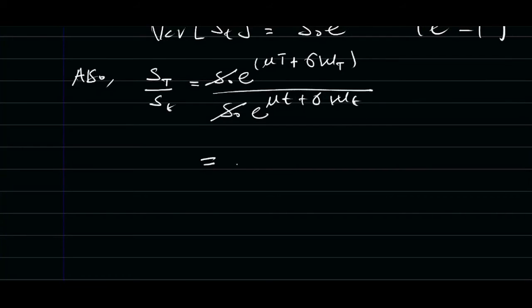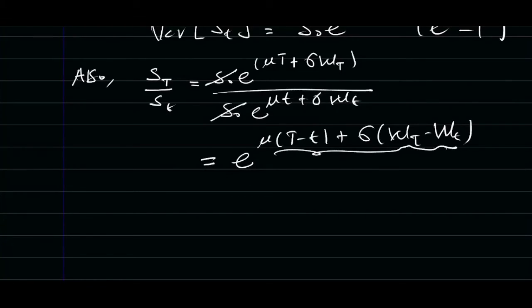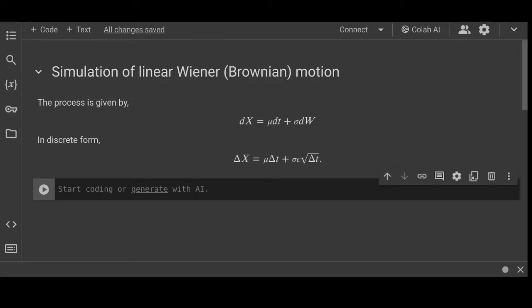This is just equal to e to the power of mu times capital T minus small t plus sigma times W_T minus W_t. Since this one is normally distributed, then S_T divided by S_t is log normal distribution. It is a normal distribution with the parameters, of course, mu times (T minus t) and sigma squared (T minus t).